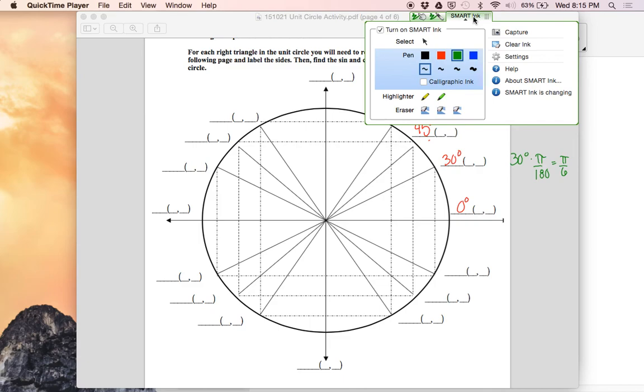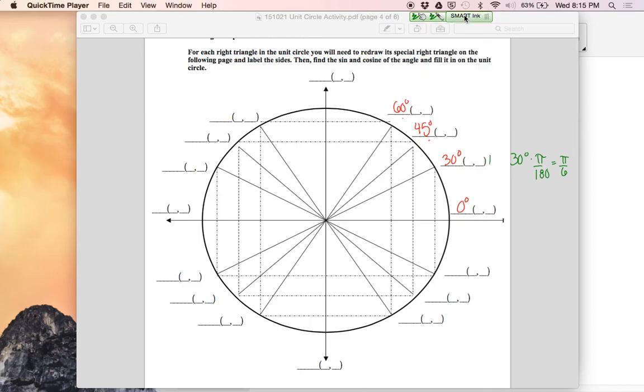Let's see here. I'll go ahead and write it here. Now every time I add 30 degrees, I'm adding pi over 6 radians. So here is my first spot that I have 30 degrees. If I add another 30, I end up here. Add another 30, I end up here, add another 30, add another 30, and so on.